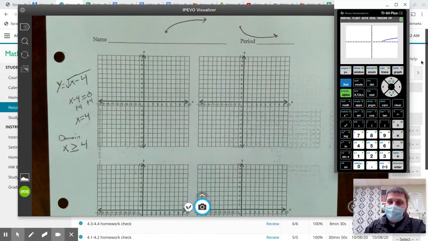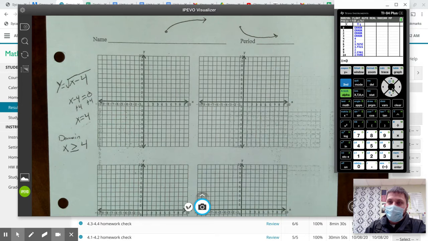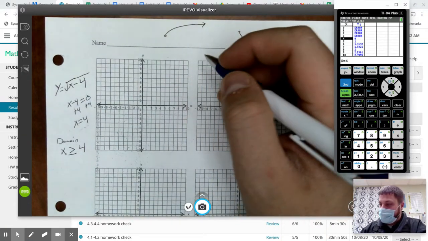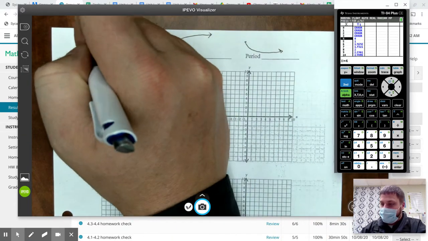Now, to graph this thing, I just literally want to look at my table of values. I want to start with the first number that doesn't say error. See, all these say error because they give you negative numbers. So what I'm going to do is make a quick t-table here.